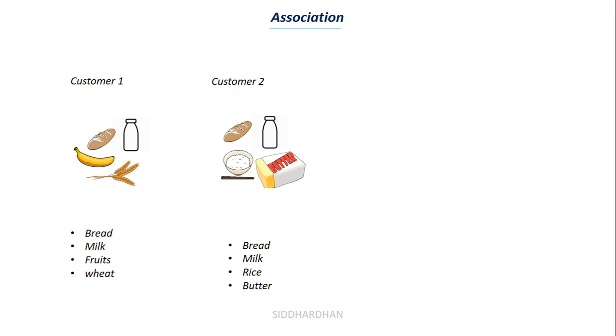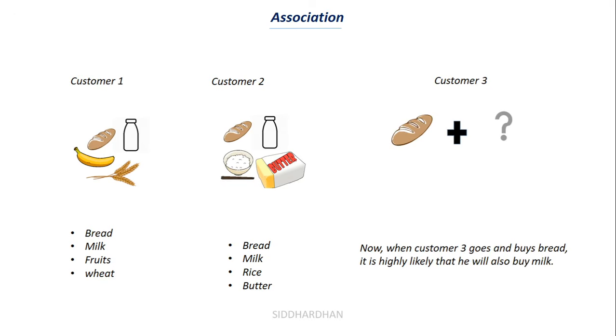This is one of the important relationships we have found, and this can be used really well. When a customer buys bread, we can suggest that they buy milk. So the third customer is most probably going to buy milk also. So this is one of the methods where we can use association.